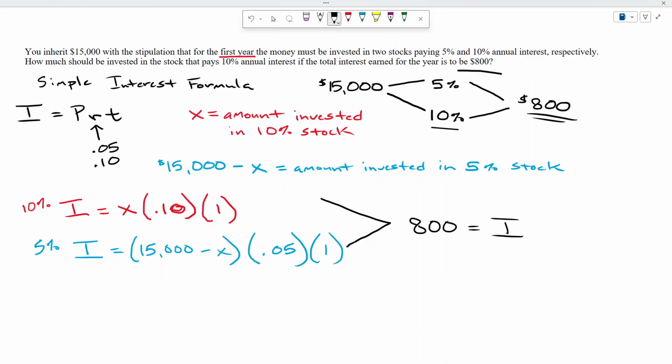So now we're going to set this up. We'll be taking this part of the equation plus this part of the equation and setting it equal to 800. Let's get some more space here.